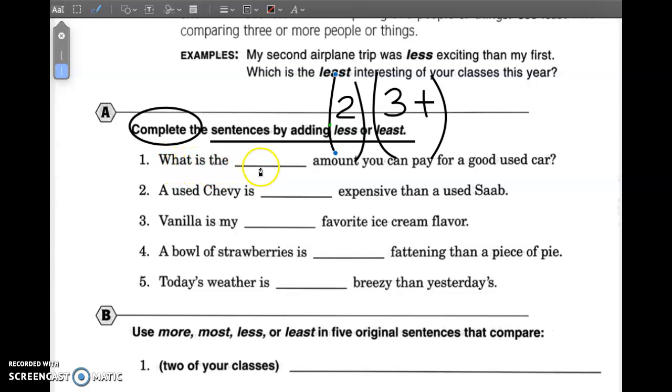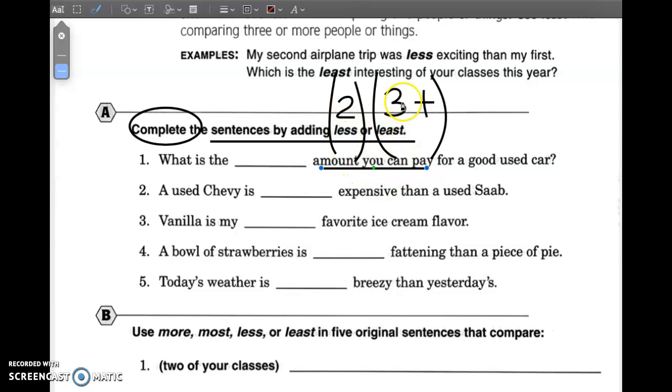What is the blank amount you can pay for a good used car? Okay, so if I'm talking about money here, amount you can pay. So if I'm talking about money, think about that. How much money am I talking about? Am I talking about $2?